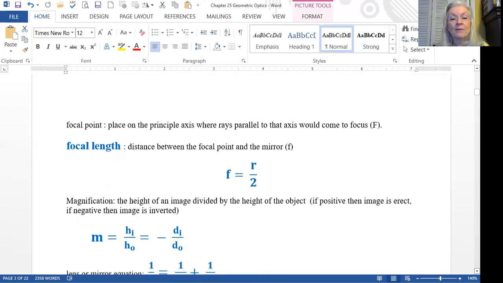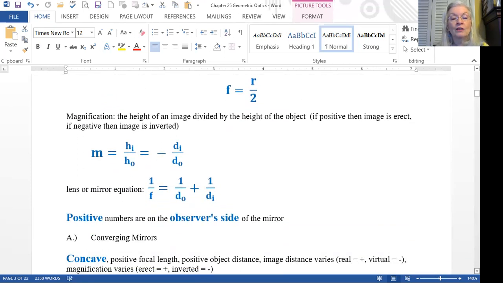Sometimes when you look at an image, it's larger or smaller than it is in reality, and that is the magnification. So magnification is equal to HI over HO, or sometimes we say M is equal to hi-ho, just like in the cartoons. So HI over HO, but it is also equal to minus DI over DO.